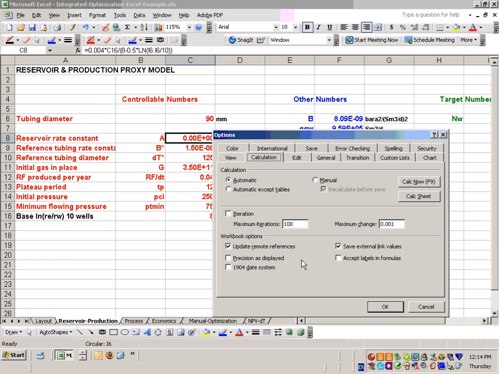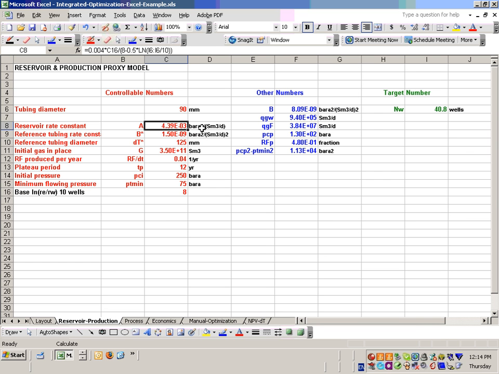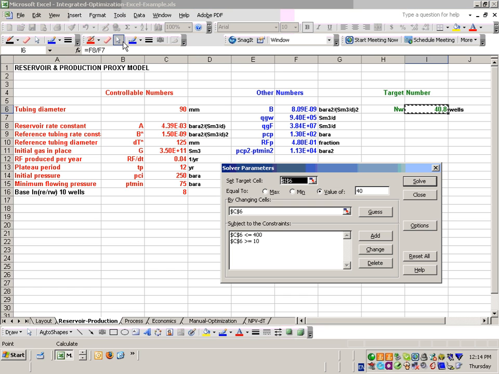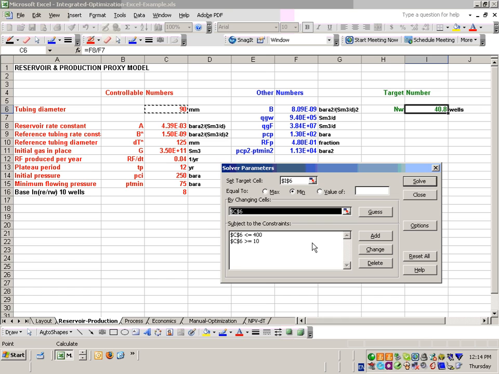Now we're going to go back to this original optimizer where we try to minimize the number of wells by changing the tubing diameter subject to these constraints.